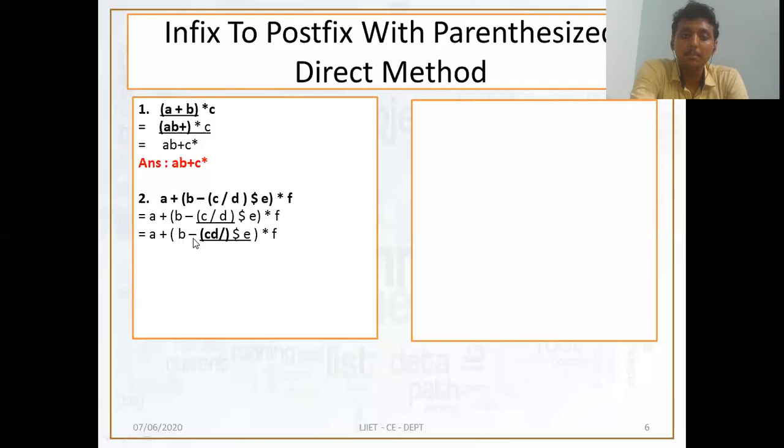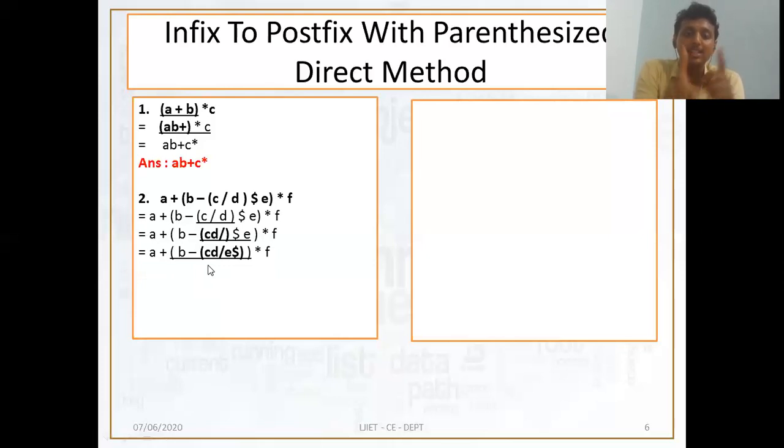Here we need to execute dollar first because the precedence of dollar is higher than any other operator, and this whole expression is inside only one bracket. So we need to solve this. Combine cd division and e and put dollar after e. So the expression will become cd division e dollar, it is one operand.